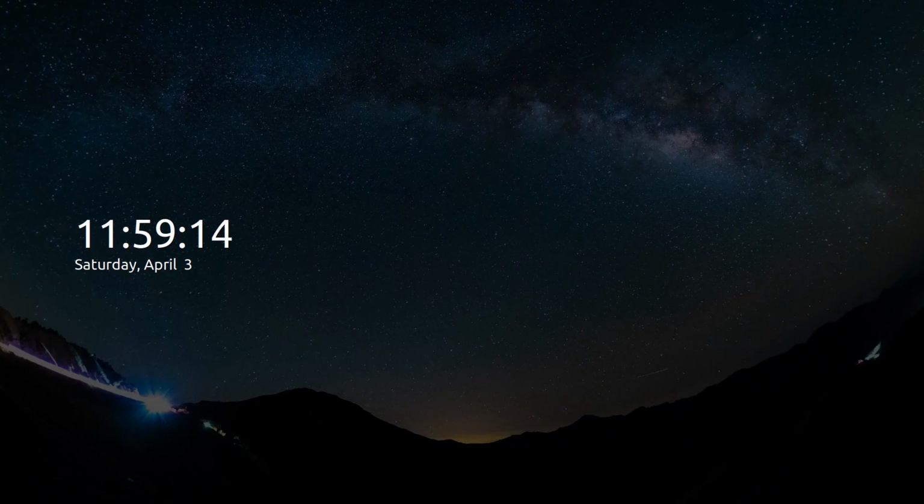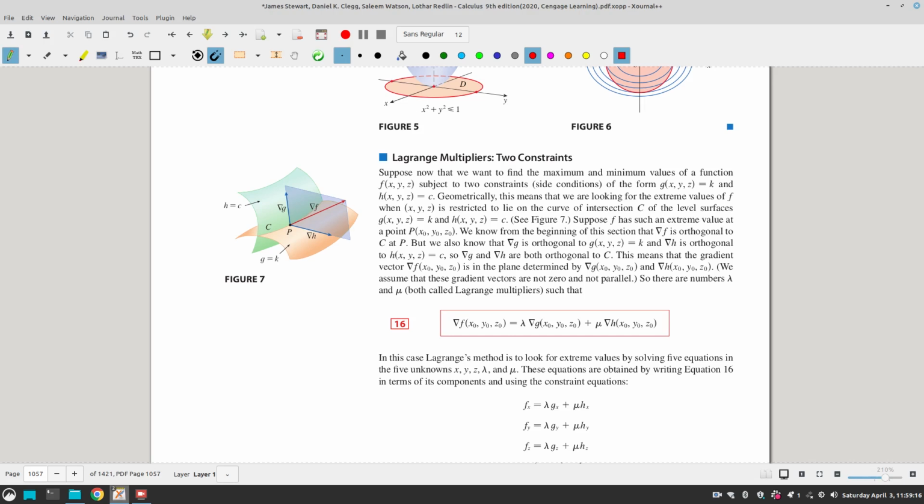So we know for a fact that the gradient vector delta f is in the same plane as delta g and delta h, right?